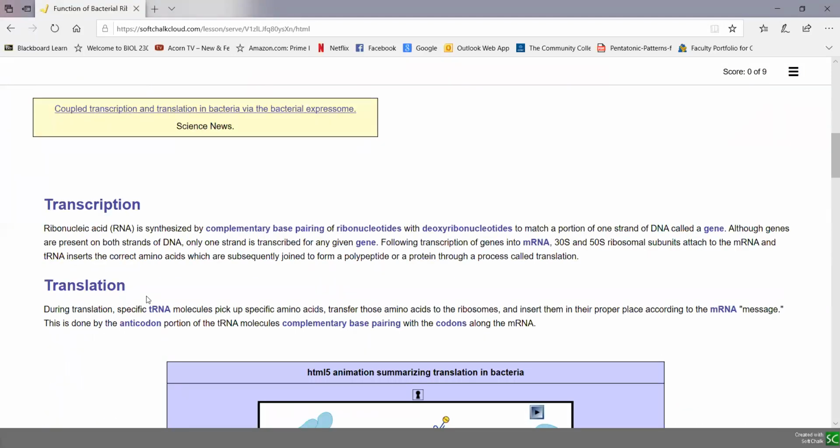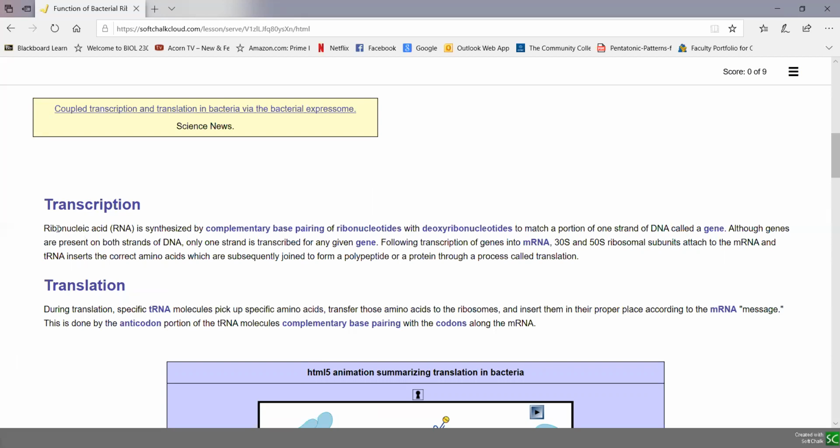So a brief review of our terms here, transcription and translation. We covered these quite a bit on your take-home exam that covered the molecular genetics portion of your biology prerequisite course, but let's review the definitions. So during transcription, transcribe means to copy, where RNA is making a complementary copy of a gene.